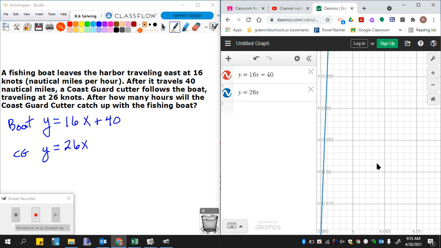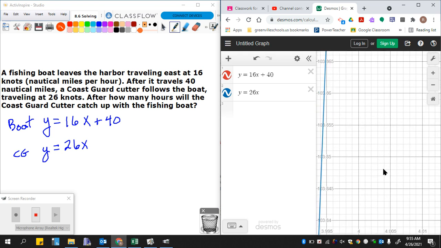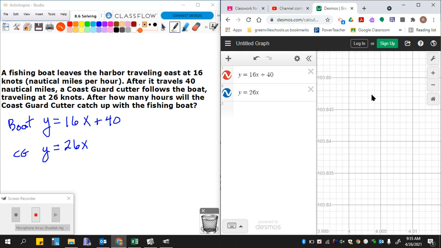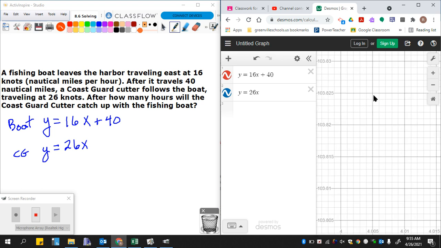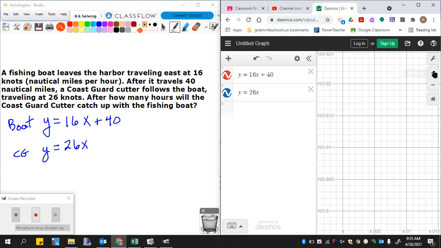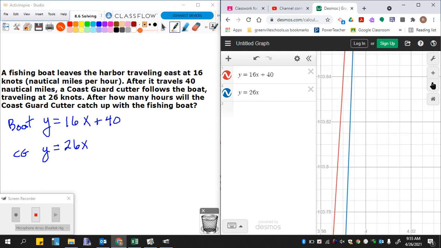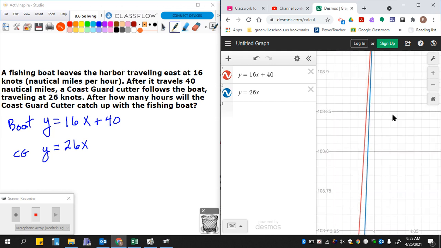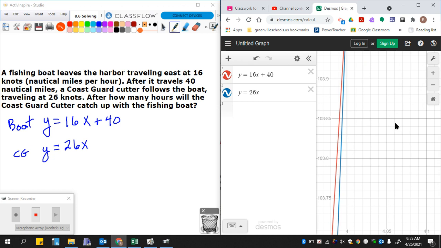Actually, the easiest way would be maybe to zoom out. It's going to be this line right here.